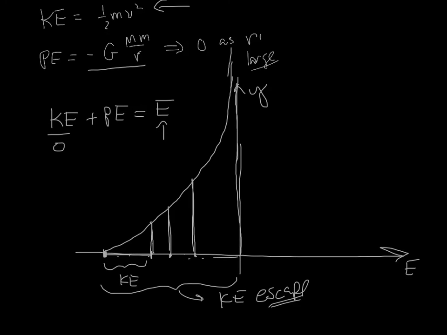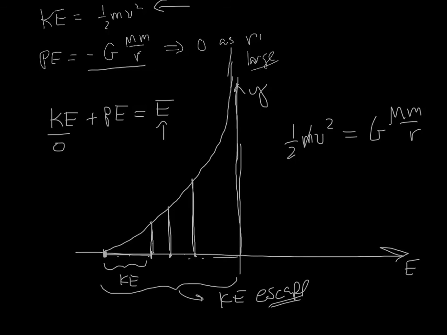So let's write that down. The kinetic energy will be equal to the magnitude of the potential energy, because I have to have as much positive kinetic energy as I have negative potential energy at the surface in order to escape. So the kinetic energy at the surface, 1/2 mv squared, has to be equal to the magnitude of the potential energy, GMm over r.